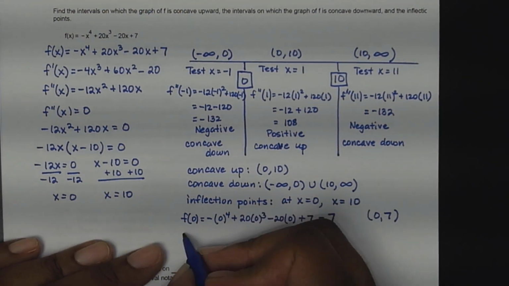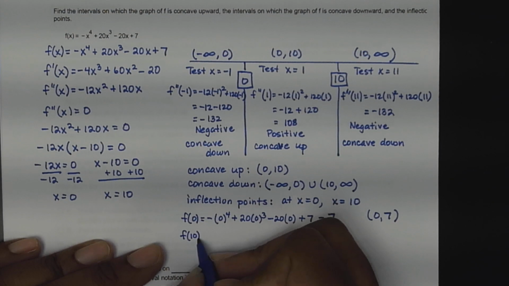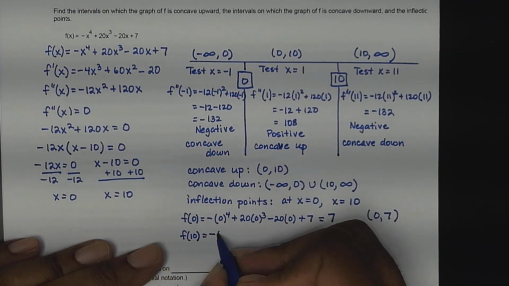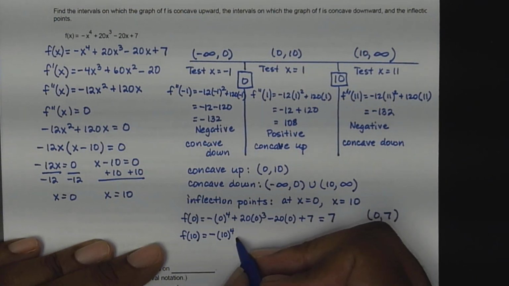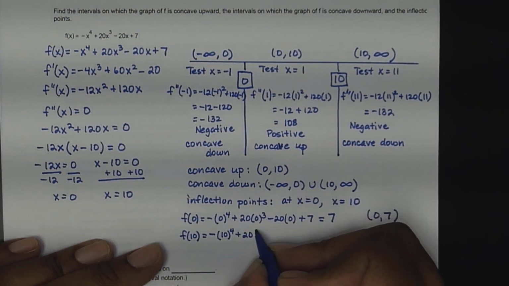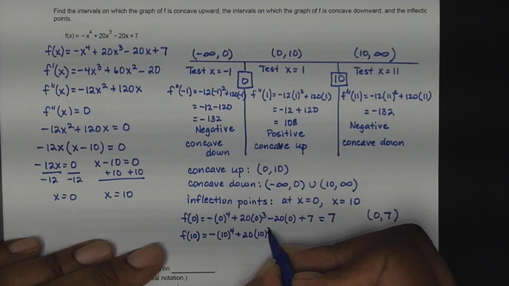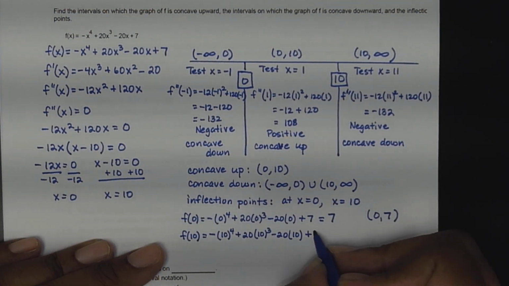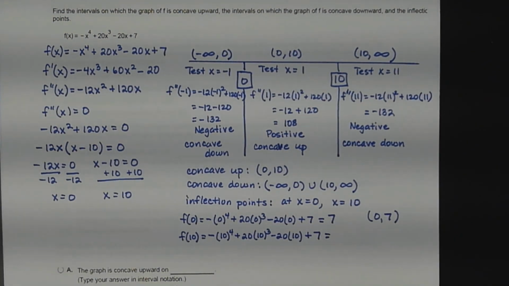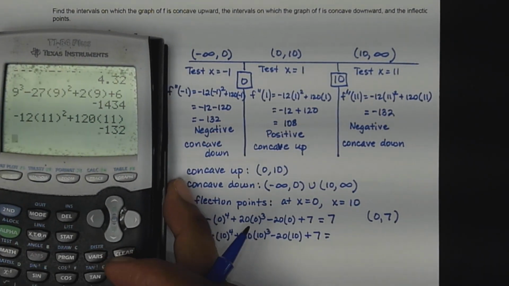Now for x equals 10. Use the original function, replace each x with 10, so I've got negative on the outside, that'd be 10 to the fourth, plus 20 times 10 to the third, minus 20 times 10, plus 7. And I'm going to need a calculator to do this one.